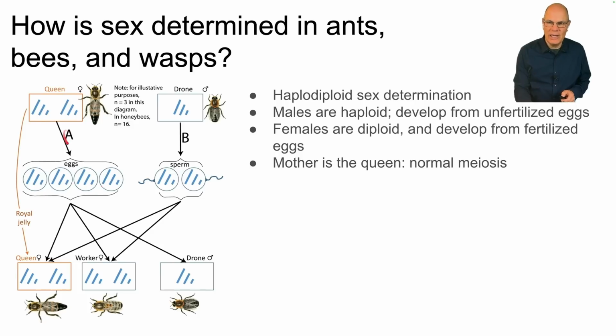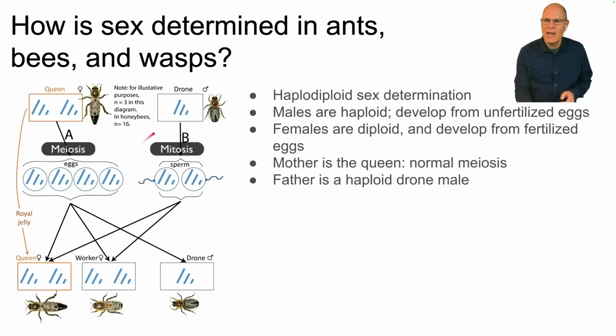So the mother in a bee colony, just to use that example, is the queen. She undergoes normal meiosis when she creates her eggs. But the father is a haploid male, also called a drone, and he can't really do meiosis because he's haploid, he's not diploid. So essentially he passes on 100% of his chromosomes in the sperm that he creates.